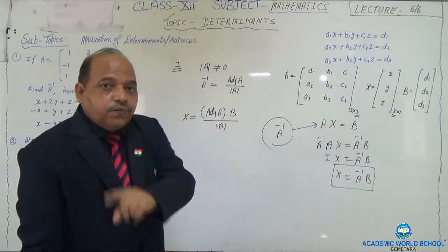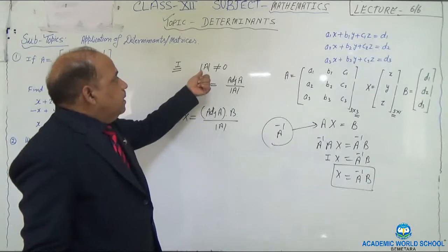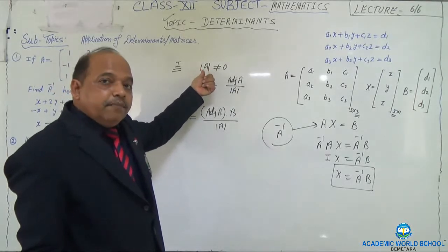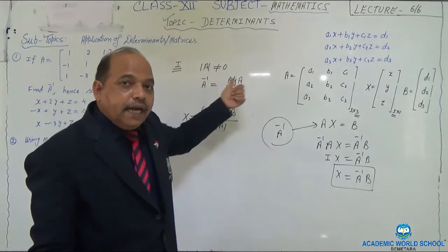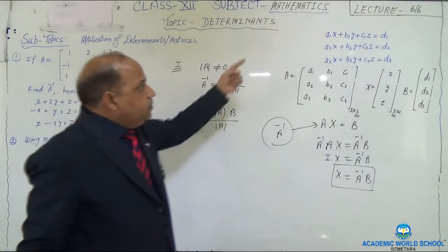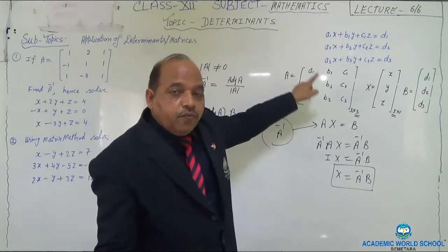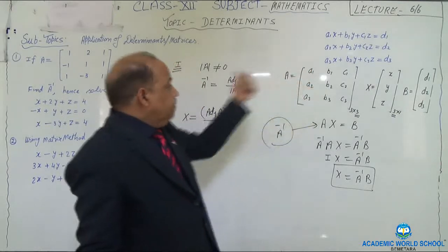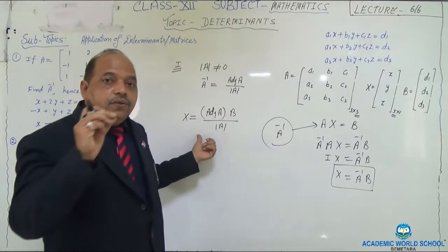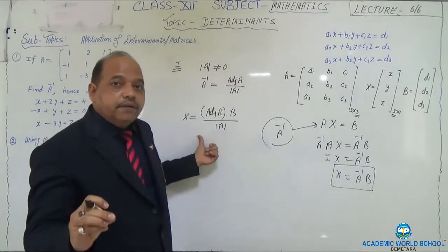So in case 1, when the corresponding determinant is non-zero, indirectly it is saying that your matrix A is a non-singular matrix. So when it is a non-singular matrix, you are getting a unique solution.